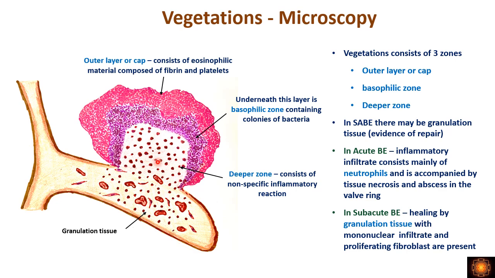In acute infective endocarditis, it contains mainly neutrophils with areas of necrosis, whereas in subacute bacterial endocarditis, it has granulation tissue, which consists of proliferating blood vessels, fibroblasts, and chronic inflammatory cells. This is the microscopic picture of the vegetations in infective endocarditis.